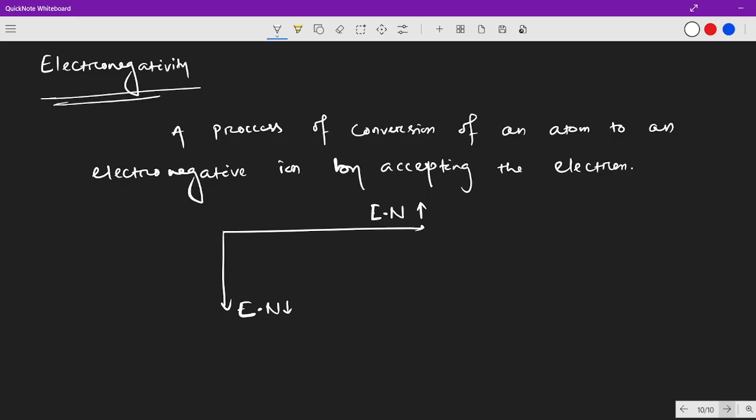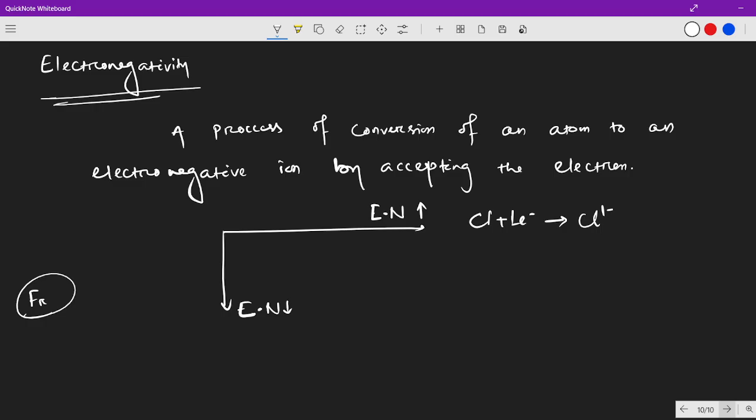Let us understand how they convert themselves into negatively charged ions. Chlorine will accept one electron to become electronically stable, so it will become 1 minus. If we are talking about francium, this is a metal, a very heavy metal at the bottom of the periodic table.